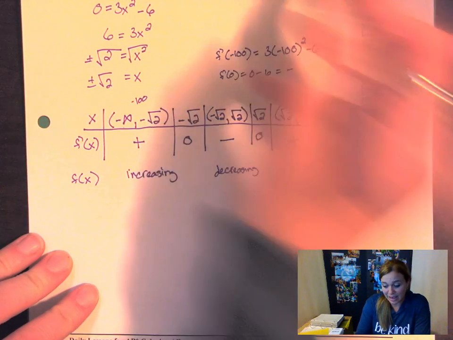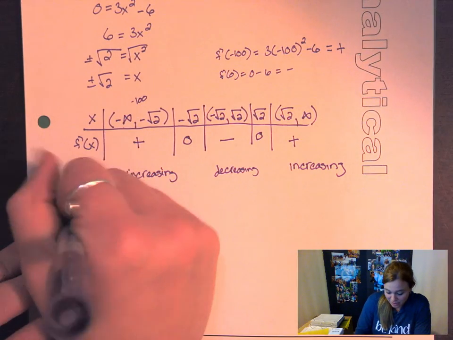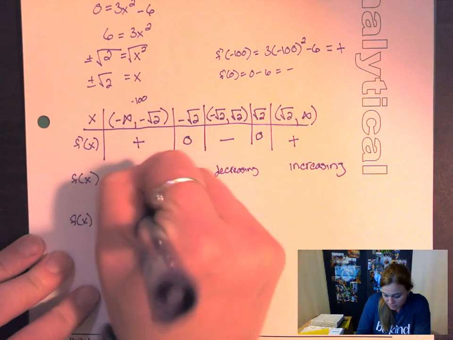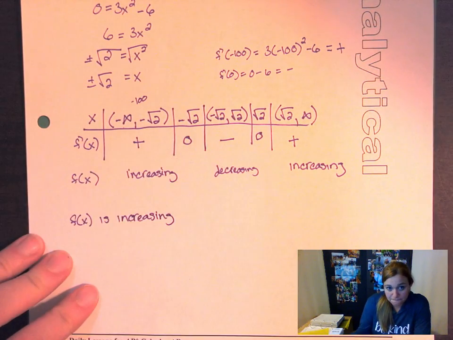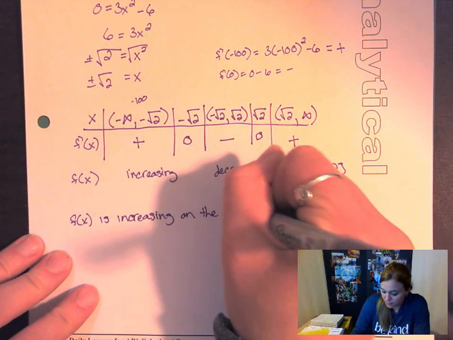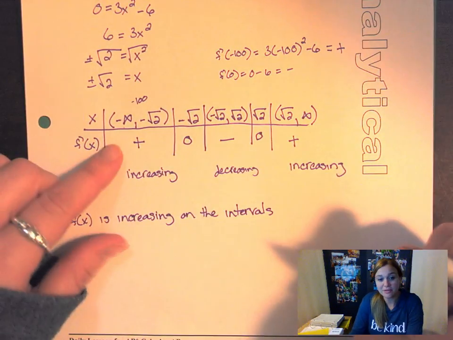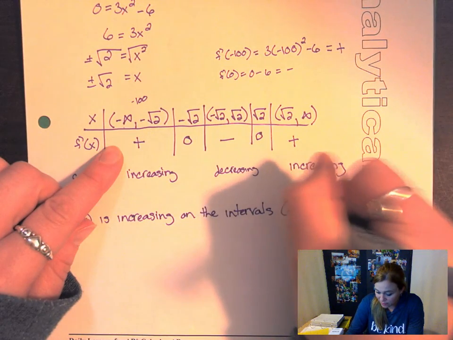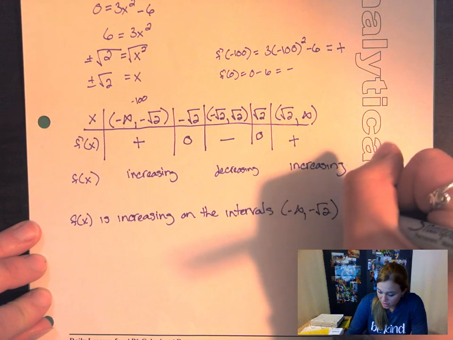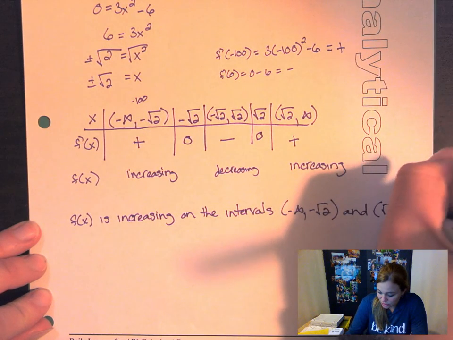So I'm going to answer all the questions. I want to determine when f of x is increasing or decreasing. So I'm going to say f of x is increasing on the intervals, and I'm just looking right up above, negative infinity to negative square root of 2 and square root of 2 to infinity.